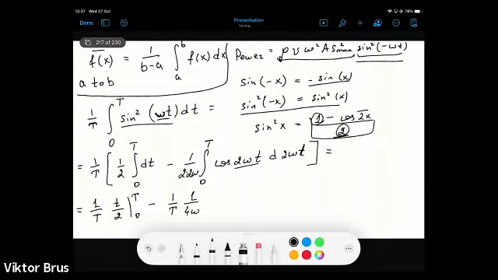And when we integrate cosine, we get sine.